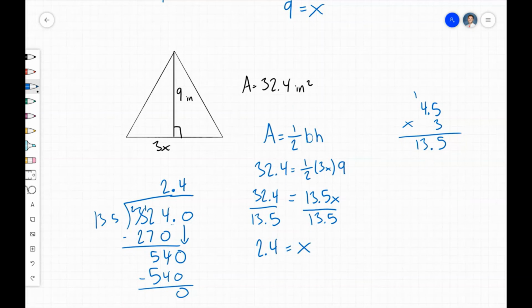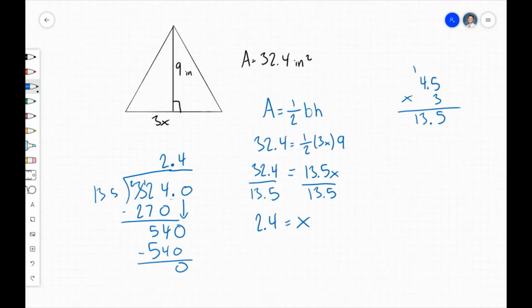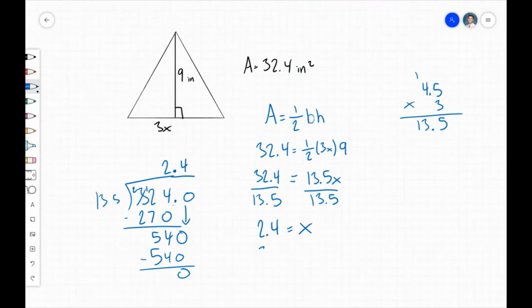And once again, we can check our answer by using the original formula. So 32.4 should be equal to 1/2 times 3 times 2.4 times 9. So we could start with 2.4 times 3.